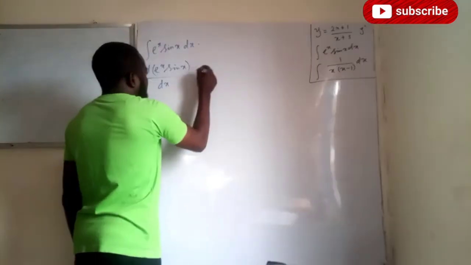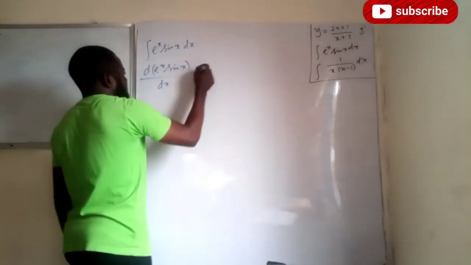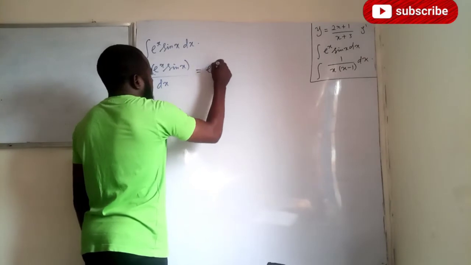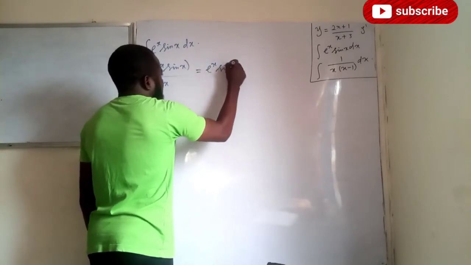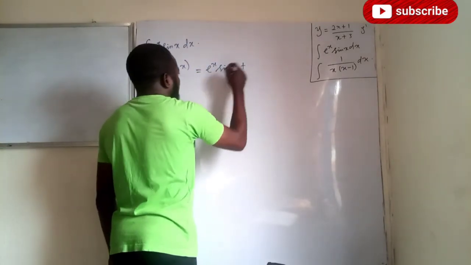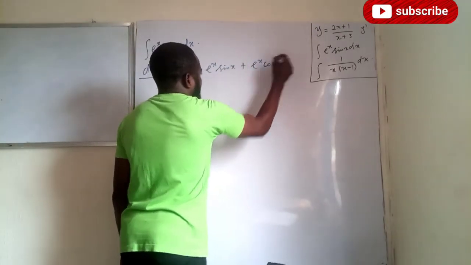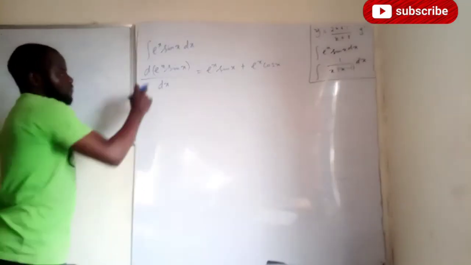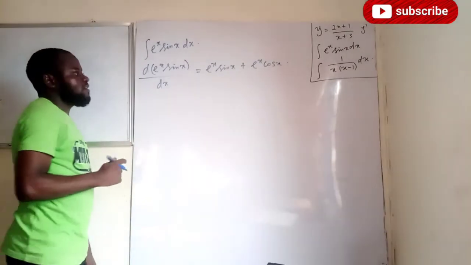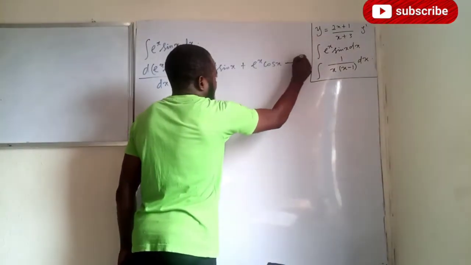Okay, so if I differentiate this, I will have e to power of x sine of x plus e to power of x cos of x, using product rule. Okay, let me call this equation star.